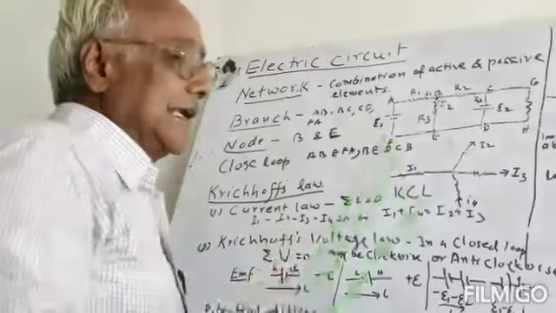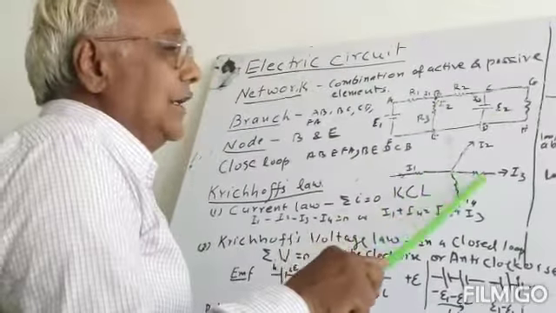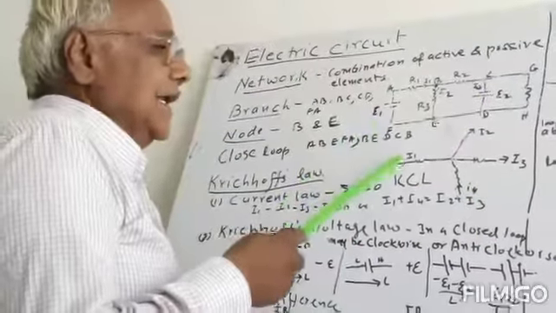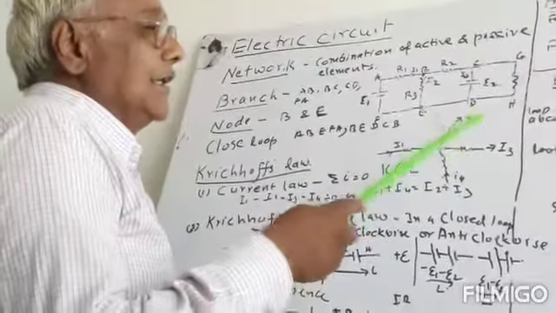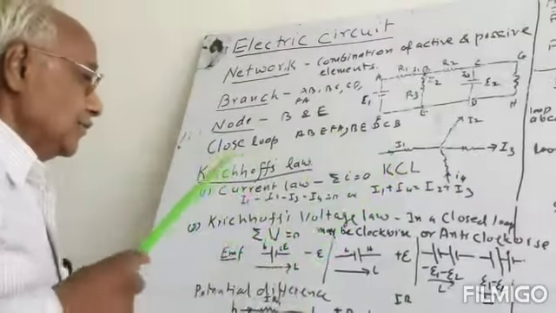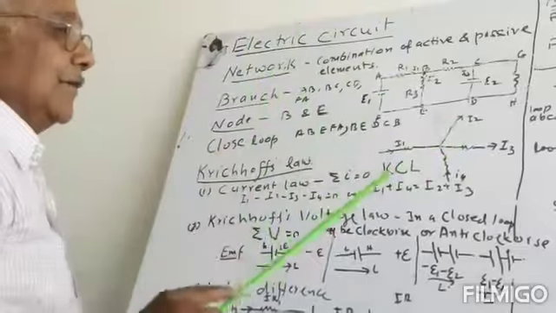We will consider either the incoming current positive and outgoing current negative, or we can consider incoming current negative and outgoing current positive. So the summation of current at this junction will be equal to 0.